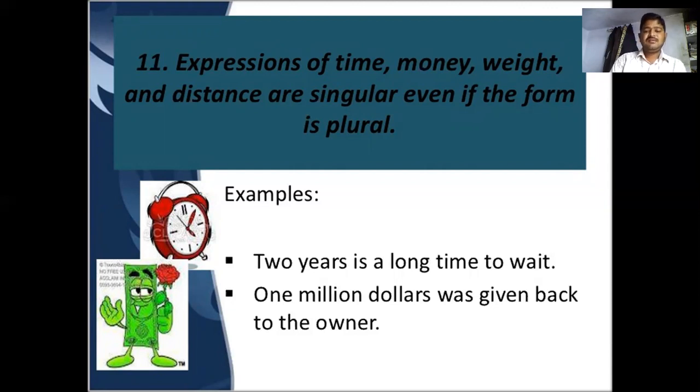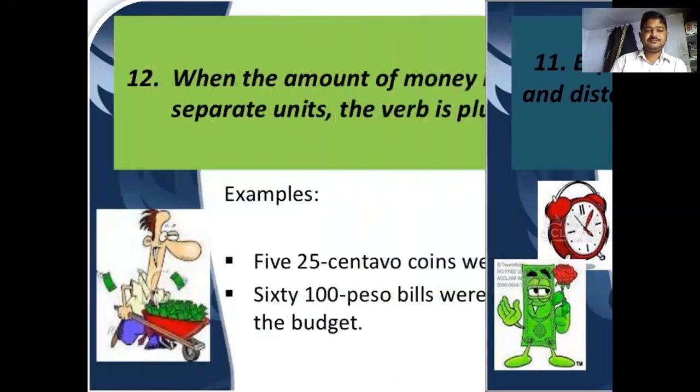Even though money is represented as plural, $1 million is taken as singular for concord. There is no other rule to express this money except in the singular way. So $1 million was given back to the owner.